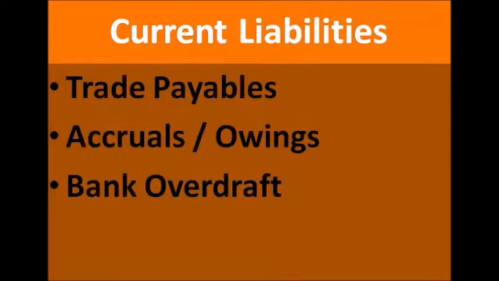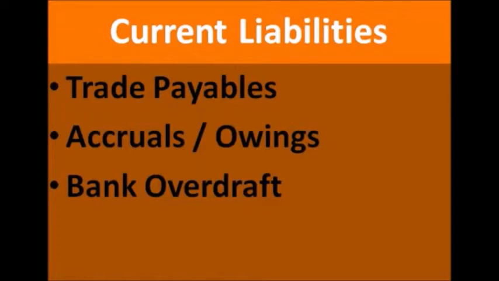But when the business does not have anything remaining in the bank account, when the bank account is totally zero, then the business asks the bank authority to pay them a small figure, which is a type of loan given to the businessman by the bank. So this is also a liability to the business. Why? Because this bank overdraft needs to be paid to the bank.